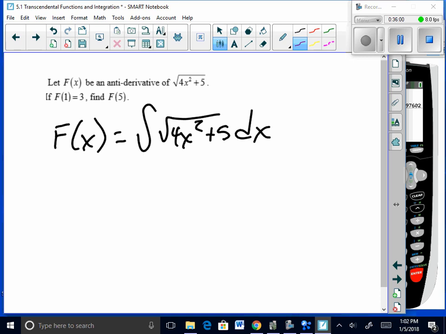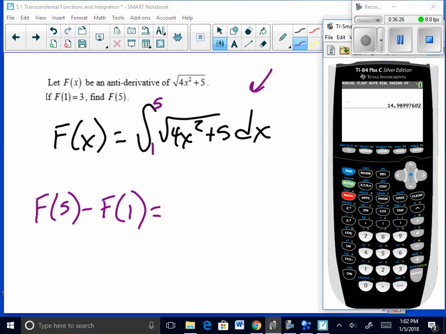And you do the lower limit first, so I put the 1 first, and then the 5. And then I know the first fundamental theorem of calculus says when you do the antiderivative, you plug in the top number minus the bottom number. So the antiderivative was F, so I can plug in the top number minus plug in the bottom number. And then you just input that on your calculator.